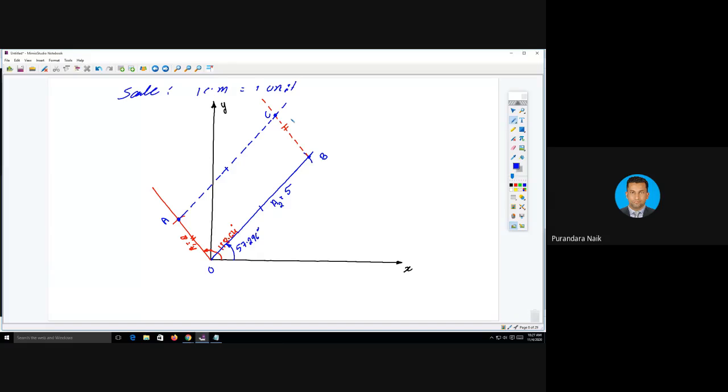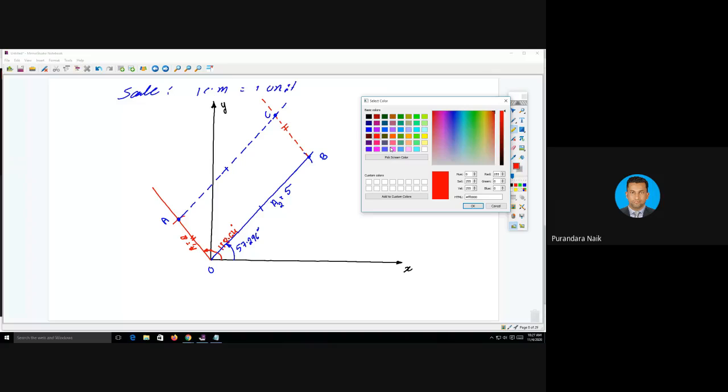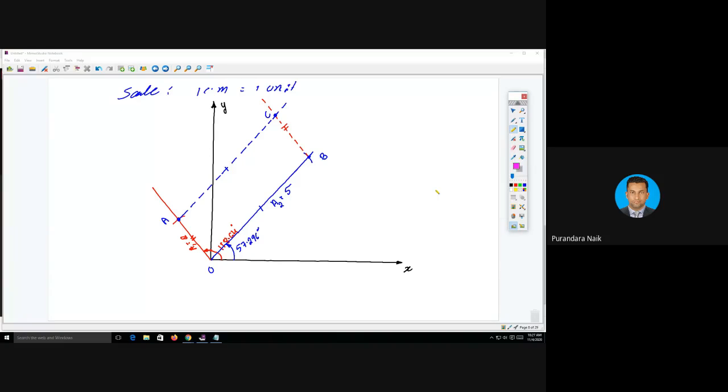We'll get point C. And then join the opposite corners, O with C.